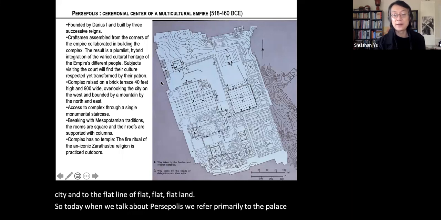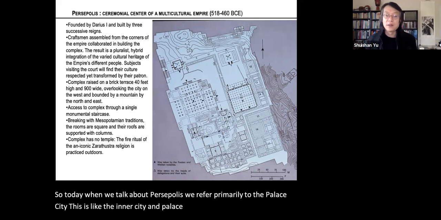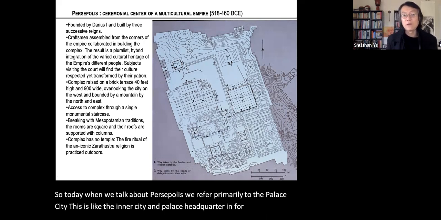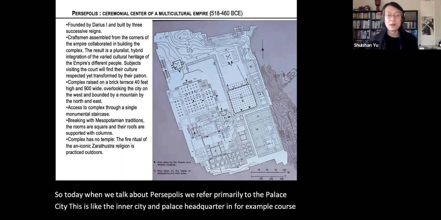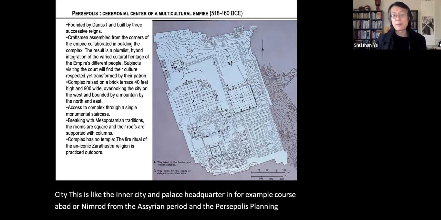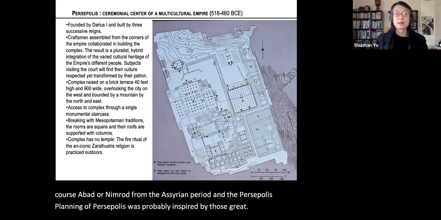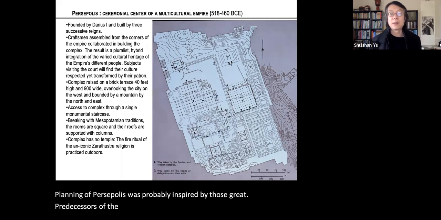This is like the inner city and the palace headquarters in, for example, Khorsabad or Nimrud from the Assyrian period. The planning of Persepolis was probably inspired by those great predecessors, the Assyrians and the Neo-Babylonians.